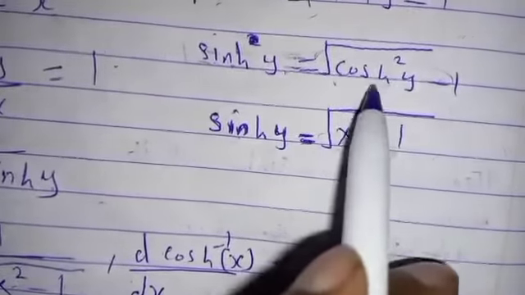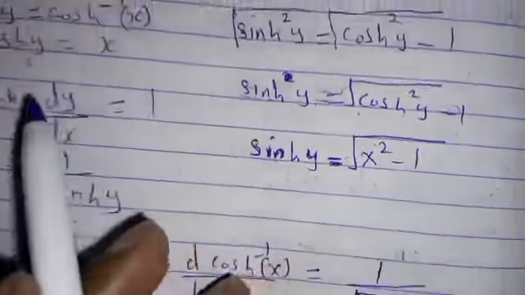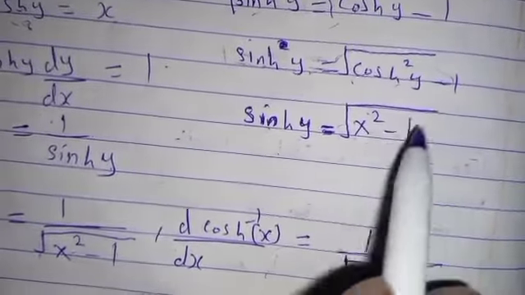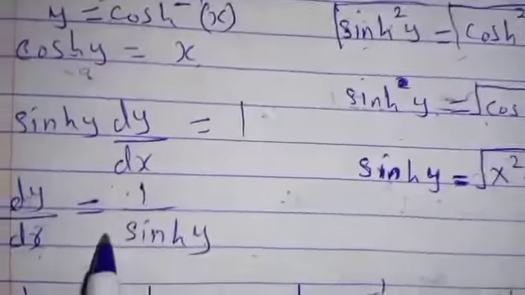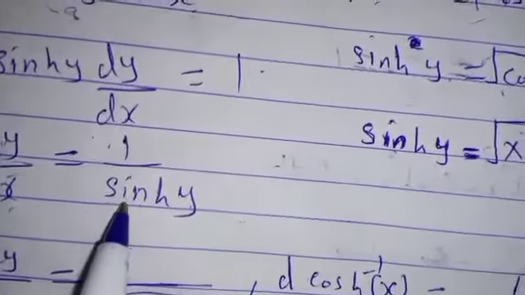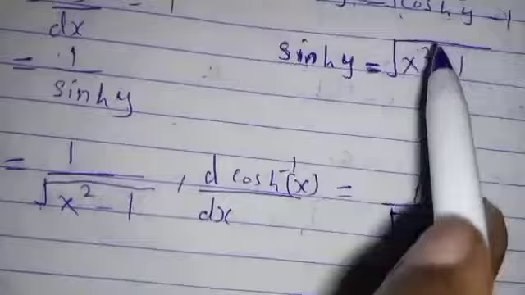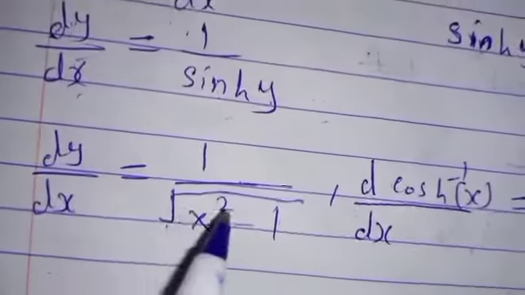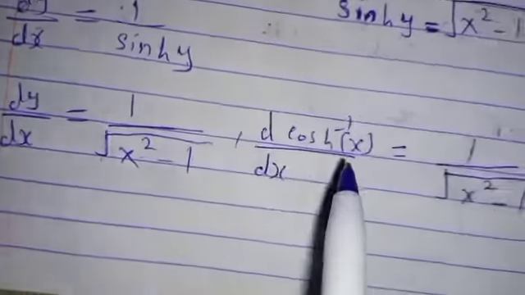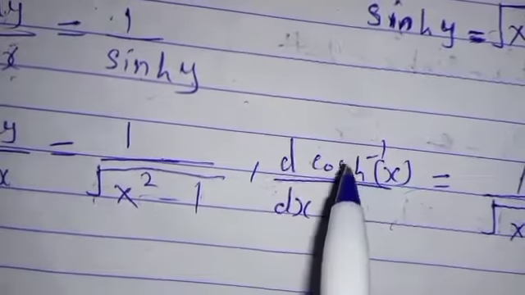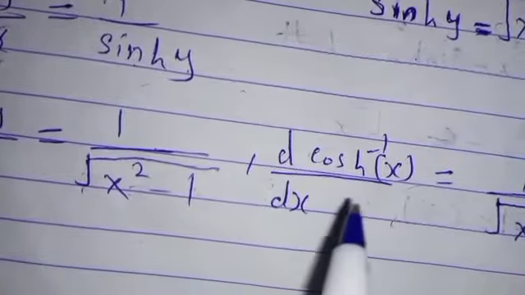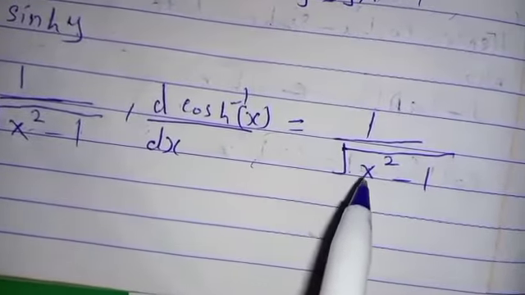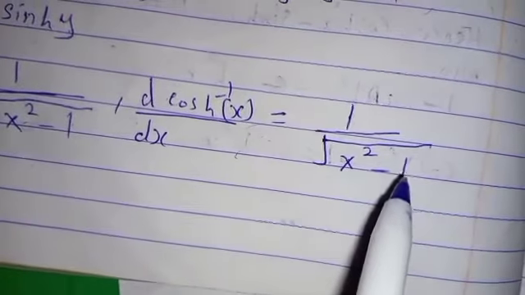You substitute it here with x, and because it is squared, you square x. Then you come to the formula and substitute the value of hyperbolic sine of y, which is the square root of x squared minus 1. So hence, the derivative of the inverse hyperbolic cosine of x with respect to x is given by 1 divided by the square root of x squared minus 1.